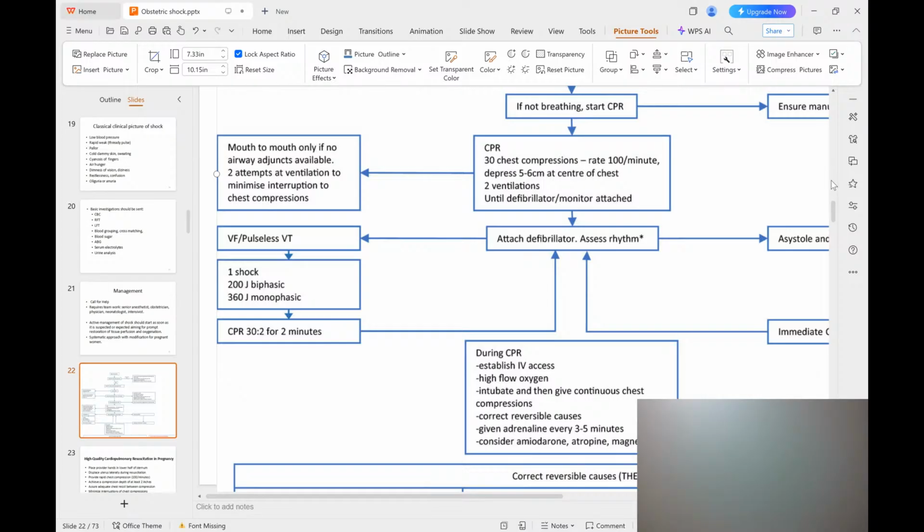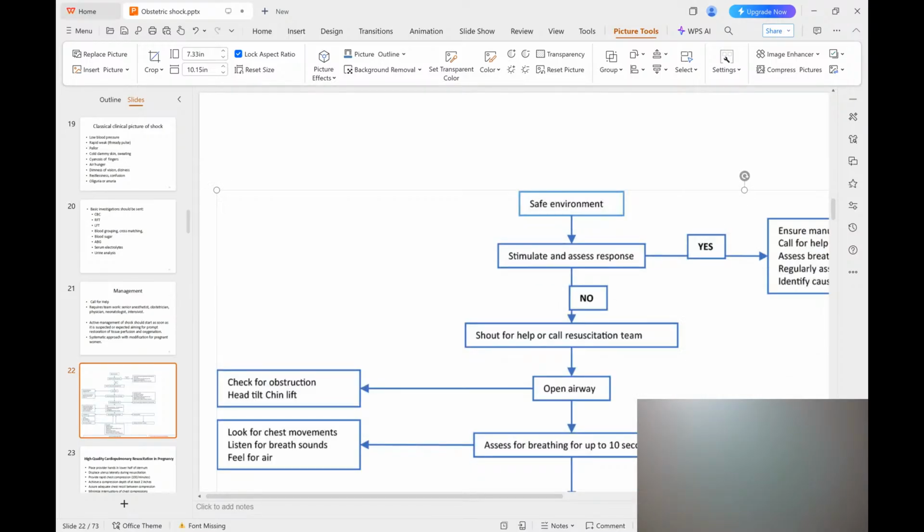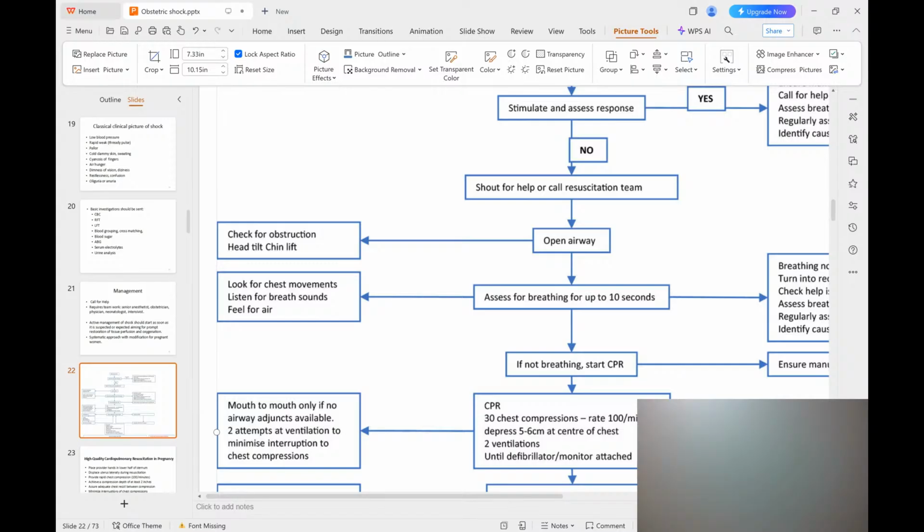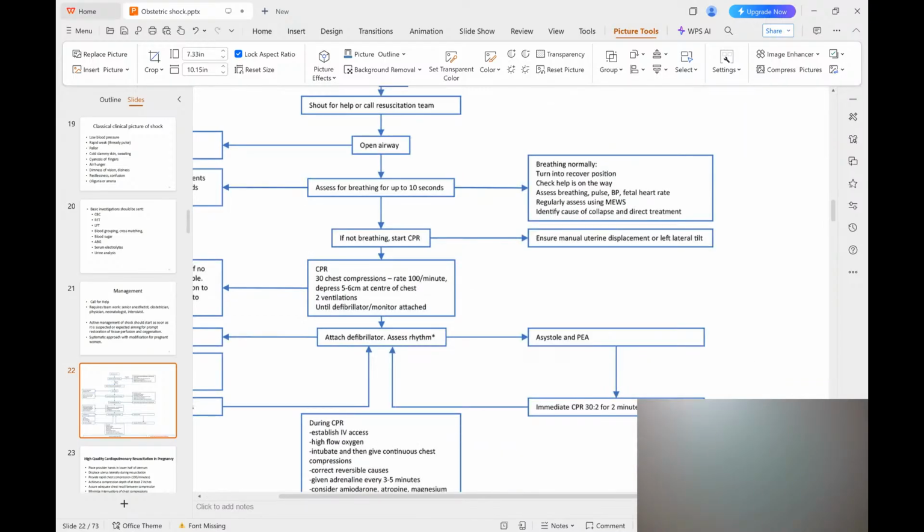And if the patient is not breathing, and we have already watched for 10 seconds, then we'll begin chest compressions or cardiopulmonary resuscitation. Before that, we need to ensure manual displacement of the uterus or left lateral tilt. So we might require three persons at a time in a pregnant woman.